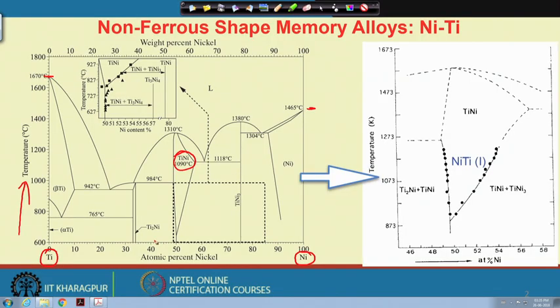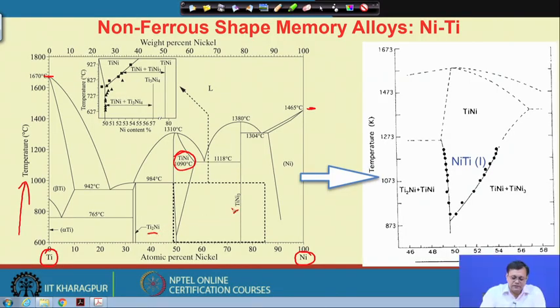Now, you can see that there are many other competing phases along with that nickel titanium phase, which has a very limited solubility as you decrease the temperature, and here almost very little. If you go below 600 degrees centigrade, there is again a eutectoid decomposition, very similar to the copper aluminum system, and we must overcome such a situation.